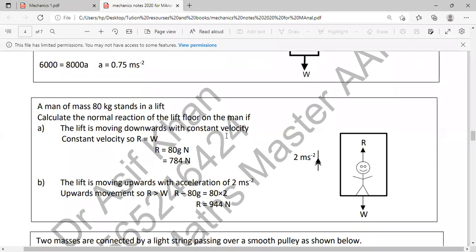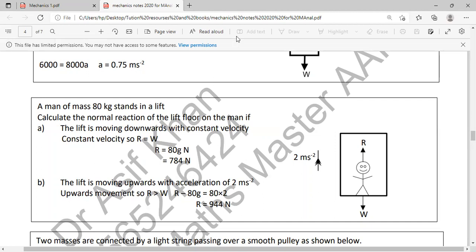Constant velocity, R is equal to W. Whenever you use the words constant velocity, it means weight and normal reaction will be equal. Remember this point. Often this will not be given in your question; you have to consider it yourself whenever the words constant velocity are used. So R is equal to W, so R is equal to 80g newton, where g is gravity.